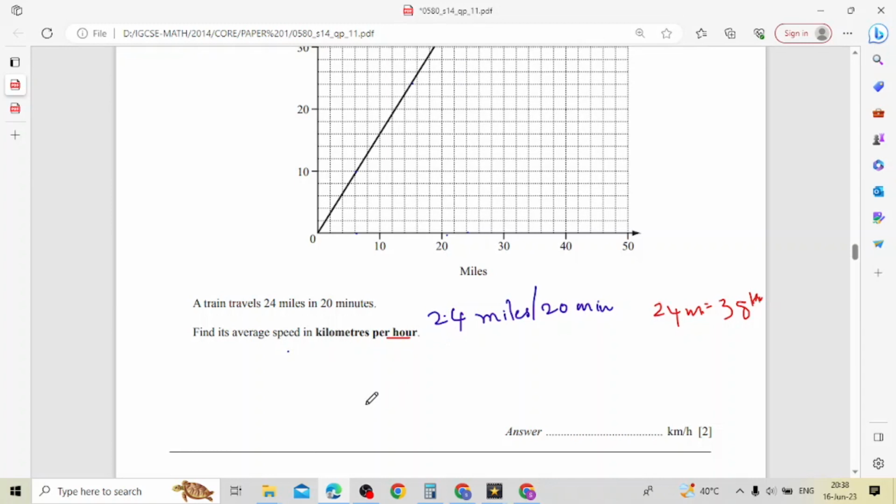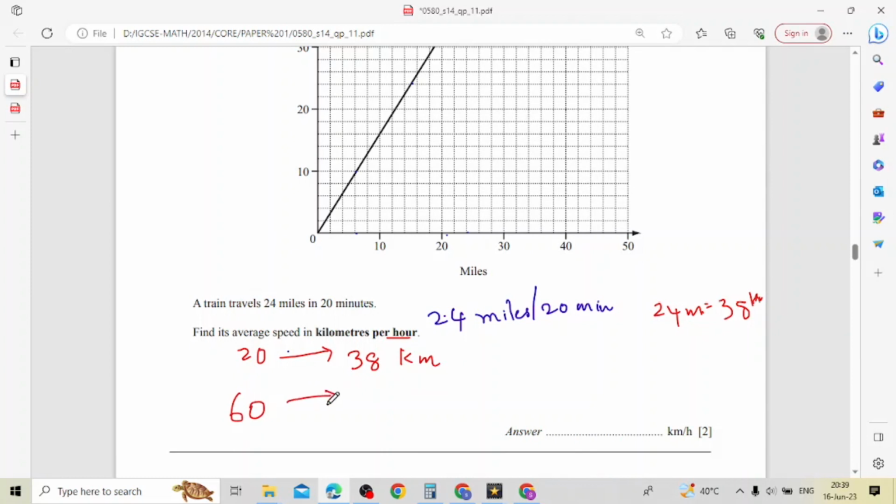So now let's go for it. I'll start from here. For 20 minutes, how many kilometers? 38 kilometers. Then he asked for 60, that's 1 hour.